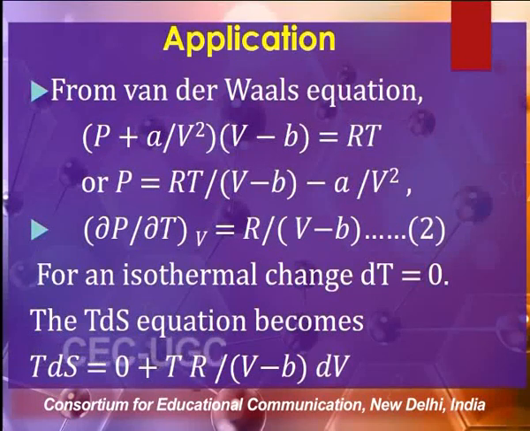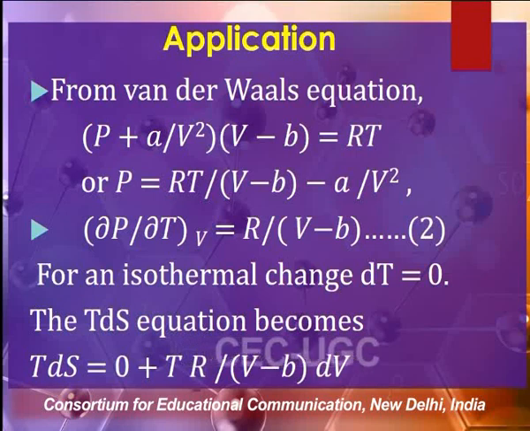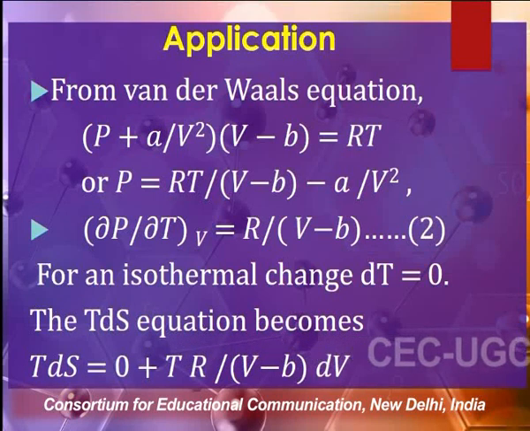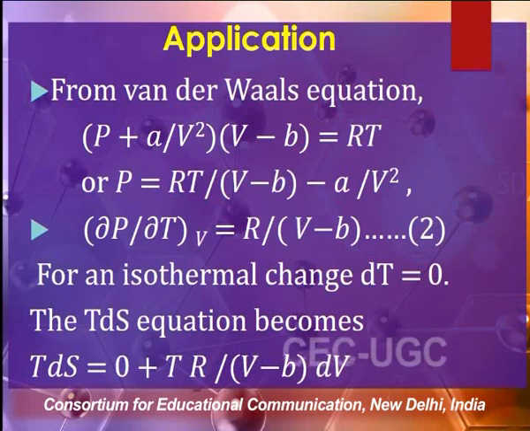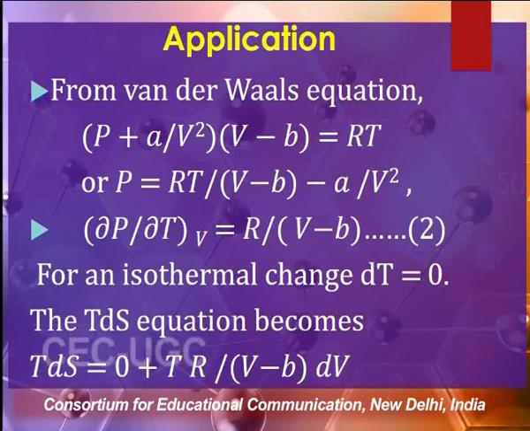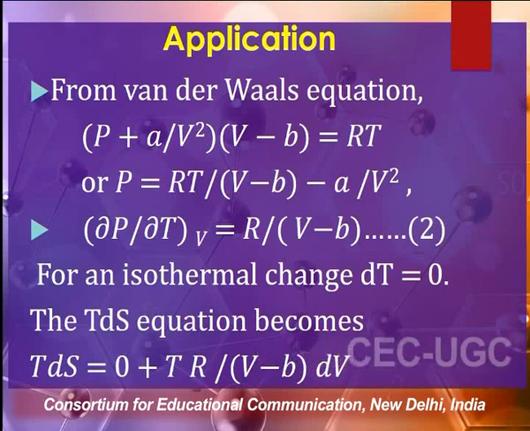The equation of state of van der Waals gas says that (P plus a/V²)(V minus b) is equal to RT. If I rearrange this equation of state, I will get P is equal to RT/(V minus b) minus a/V².